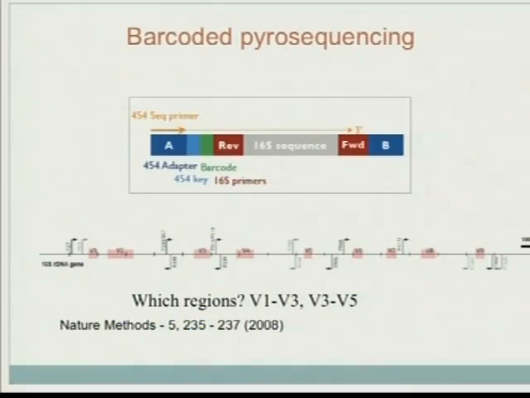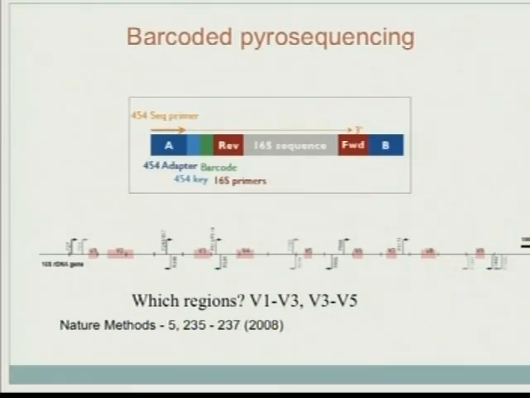Ideally, you want to get sequences from those variable regions so that you will be able to differentiate what species are there. But you need to amplify those regions, so you design primers against the conserved regions so that you will be able to pull out the variable regions.